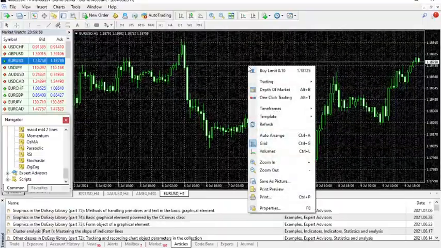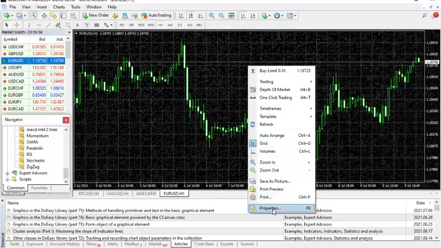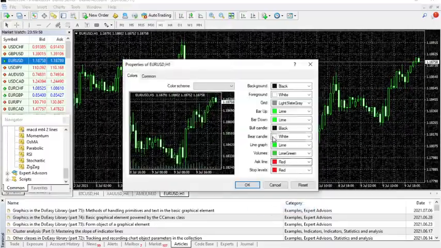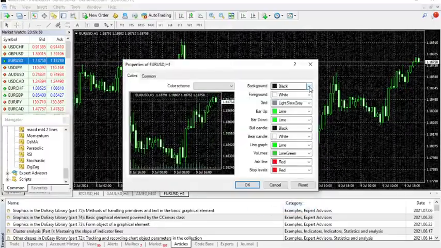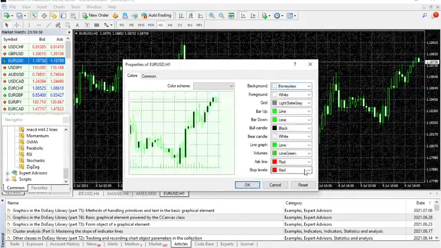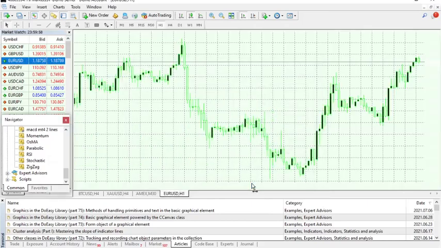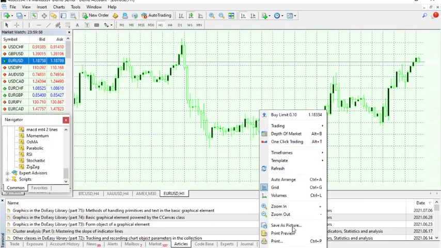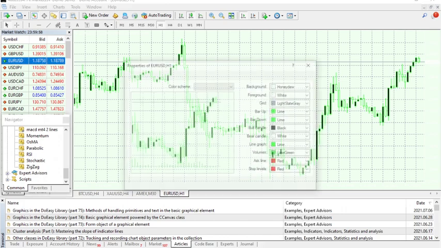Right click, go to properties, change this color to the white color, then you press OK. Have you seen it? Now let's go and change the candlesticks.